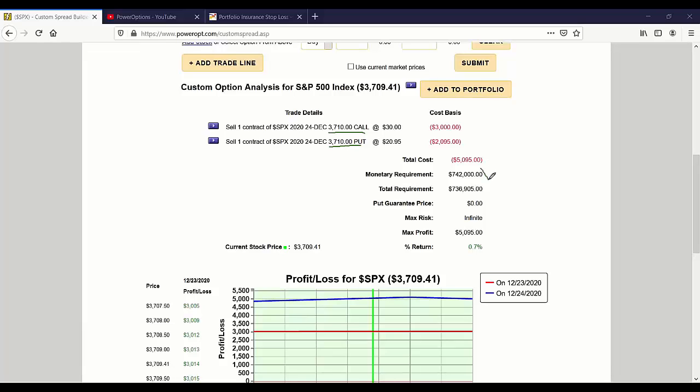Full cash secured allotment is $740 some odd $1,000 to make $5,000. Okay, so 50 points. Your break even would be 36.60 to the downside and 37.60 to the upside. That's why I might switch my graph so that we're looking at SPY, not SPX, just as a visual, but you get the general idea.